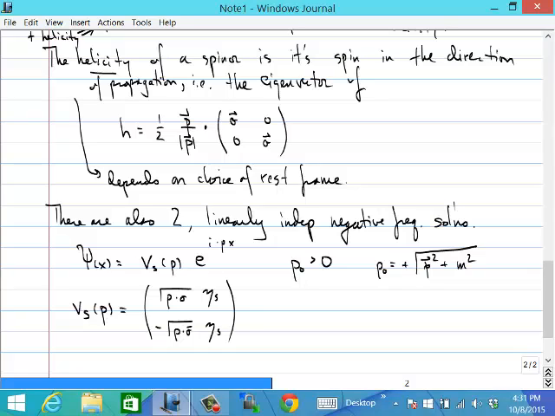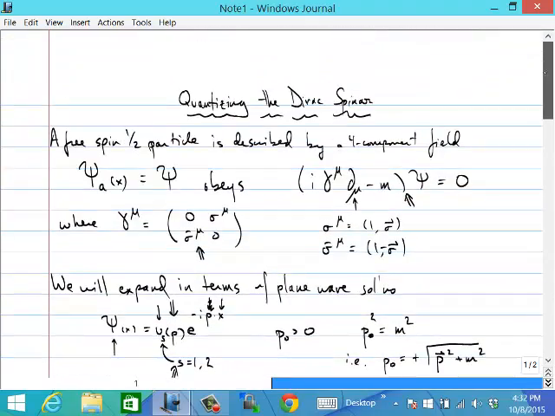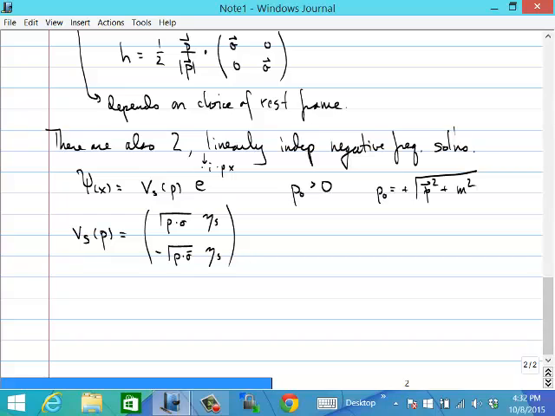Minus. No, I've changed the sign here. Okay. So when I say negative or positive frequency, that's slightly ambiguous as to what I mean. What I really mean is that here we had a minus sign, and here we had a plus sign. Have I reversed what I mean?